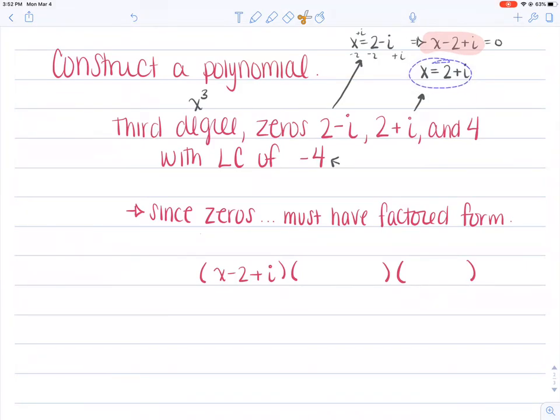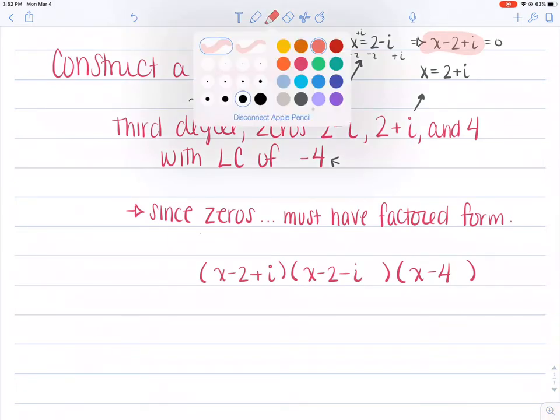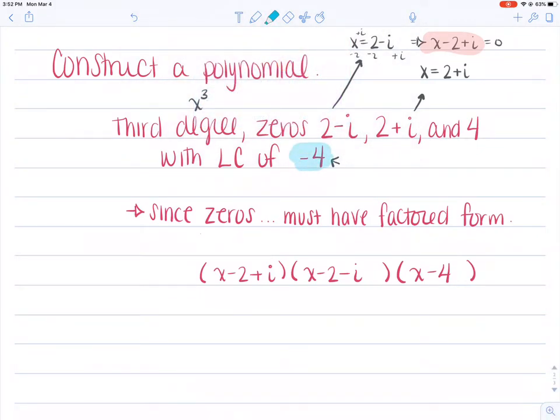So I'll have x minus 2 minus i. And then the last one, x equals 4, that one's just going to be x minus 4. Now, the only other thing is they said it needs to have a leading coefficient of negative 4. So that number is actually going to end up going all the way out front.